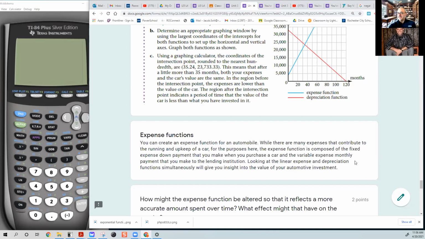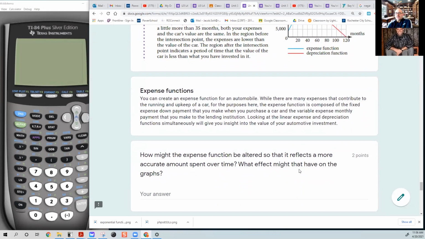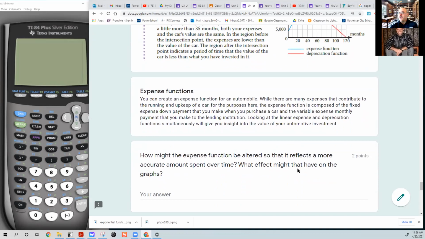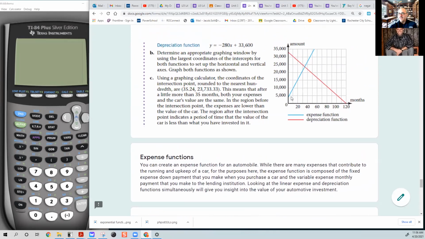Looking at the linear expense and depreciation functions simultaneously gives you insight into the value of your automotive investment. I'm going to ask you a question: how might the expense function be altered so that it reflects a more accurate amount spent over time, and what effect might this have on the graph? Think of this blue line as only how much you paid for a down payment and how much you're paying every month.